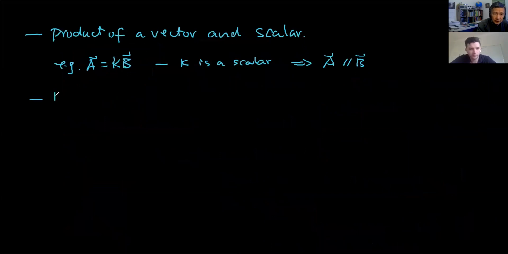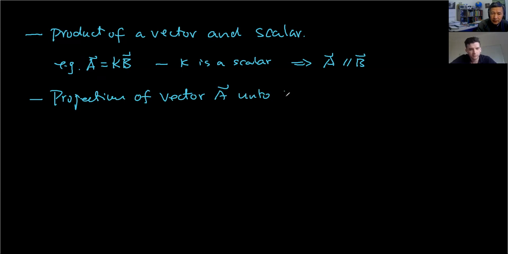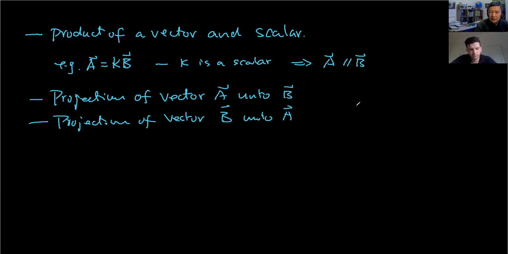Then we'll talk about the projection of vector A onto vector B, and we can also discuss the projection of vector B onto A. So how do we define that?